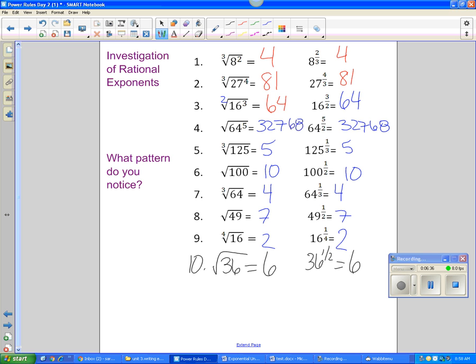What little number can I put with 125 right there? A 1. That's where the 1 came from. Okay? All right. So in your star, where it says what pattern do you notice, we're going to put power over root. And I also want you to put this symbol. Okay?